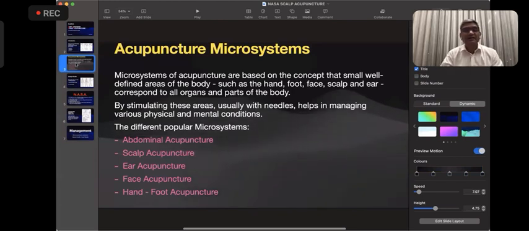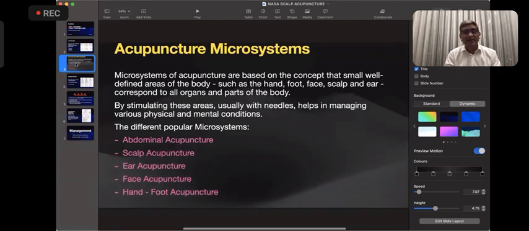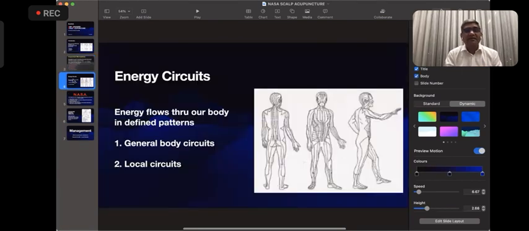Now, I'll introduce you to a concept that we know as microsystems, correct? There is abdominal acupuncture, scalp, ear, face, hand, foot. All these are microsystems, and it is believed that the microsystems can help you control the whole body. But what is important is to understand energy circuits.